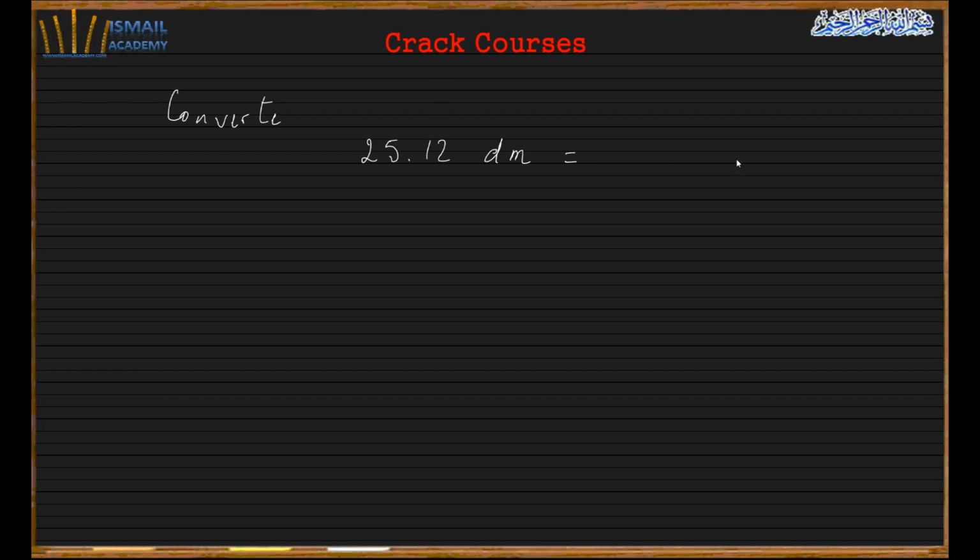I want to convert this one to, for example, decameter. I don't want to use any table. I just want to use the place value. You see, this is the beauty of the decimal system. I use the place value.